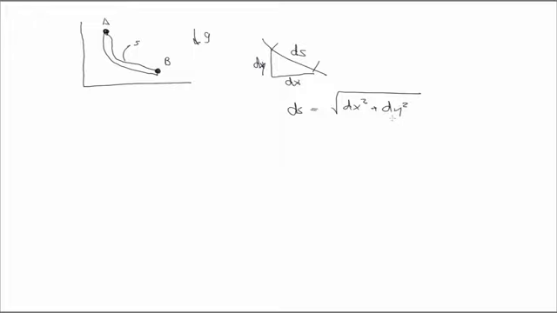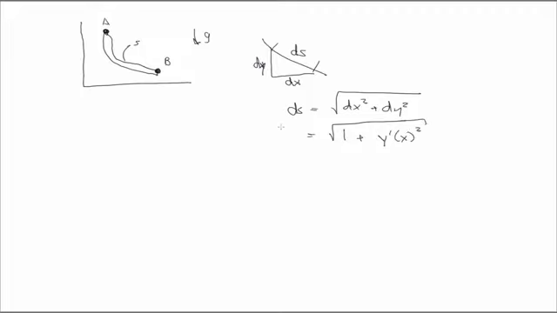Right? And basically, if you divide by dx, you can show that this results in the square root of 1 plus y prime of x squared.